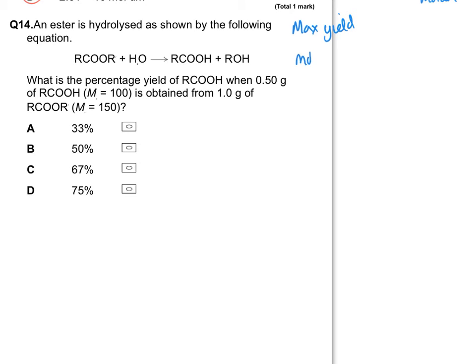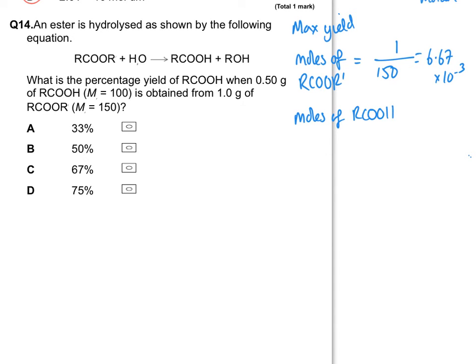So to do that, we're going to work out the moles of RCOOR. And we'll do that using mass over mR. The mass is 1 gram, and it tells us the mR is 150, so we don't have to worry about what it actually is. Okay, we can then work out the moles of RCOOH, because 1 mole of this makes 1 mole of this.